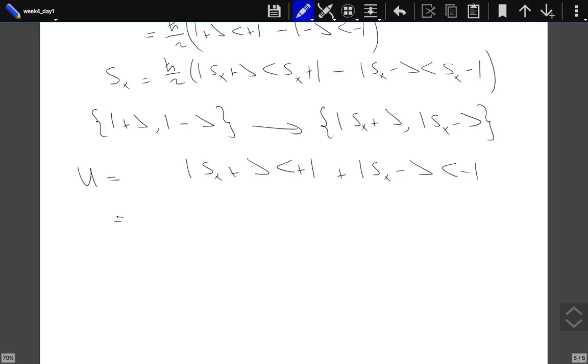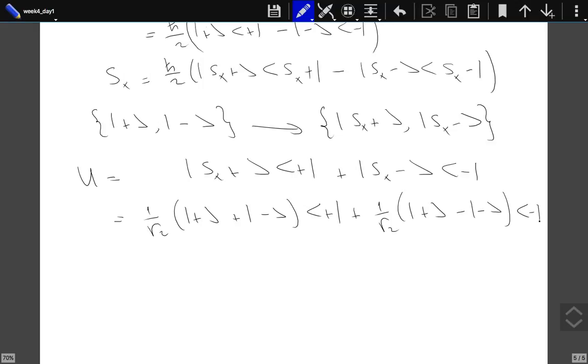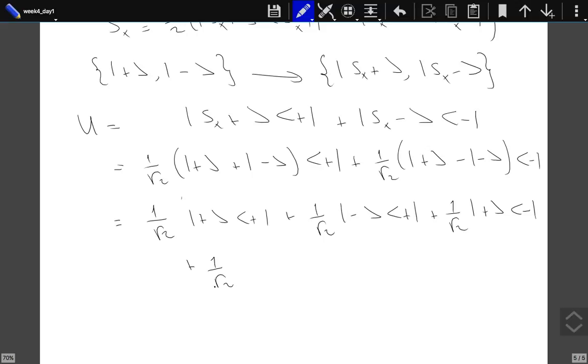Sx plus is 1 over square root of 2 times plus plus minus, and Sx minus is 1 over square root of 2 times plus minus minus, no, minus 1 over square root of 2 minus minus.